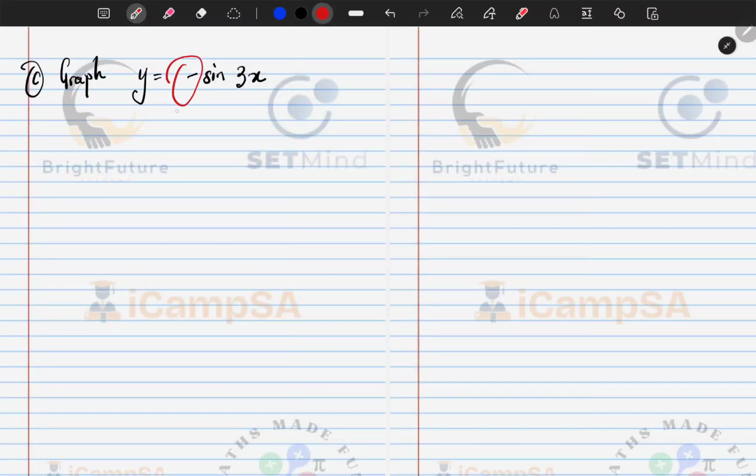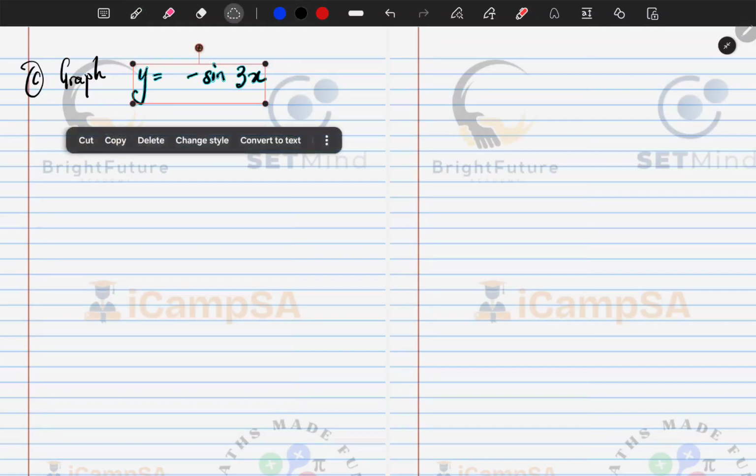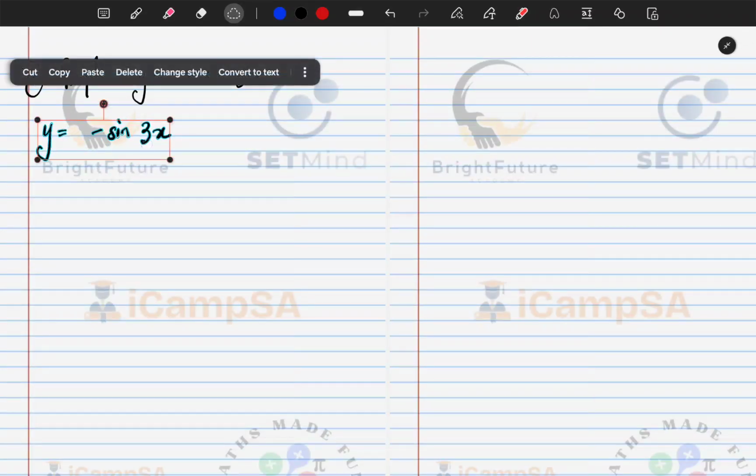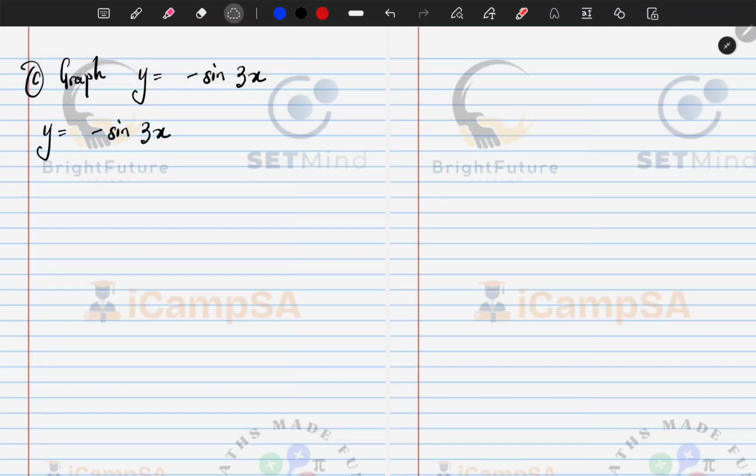Let's take this again and paste, and we are looking into writing this. So this negative sign, what it means is that the graph will be a reflection.